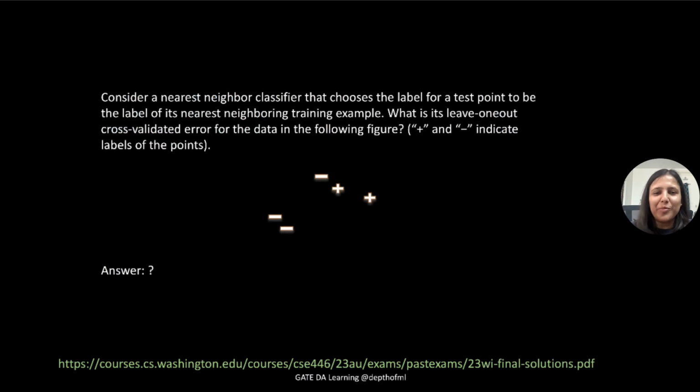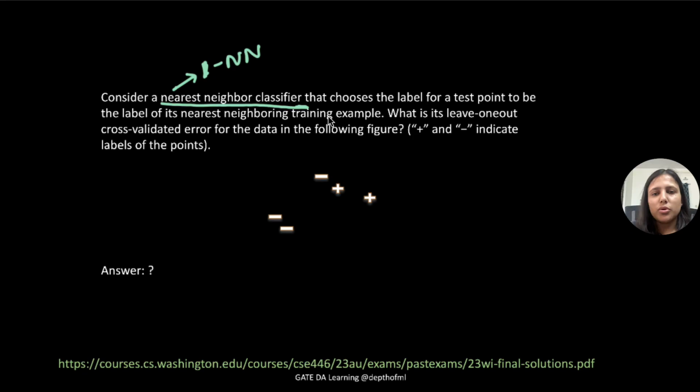This is one of my favorite questions. It is a very interesting question. Let's solve this. Read what the question says: consider a nearest neighbor classifier. When they say nearest neighbor classifier and haven't mentioned a number like 2 or 3, it's a 1 nearest neighbor classifier that chooses the label for the test point to be the label of its nearest neighboring training example.